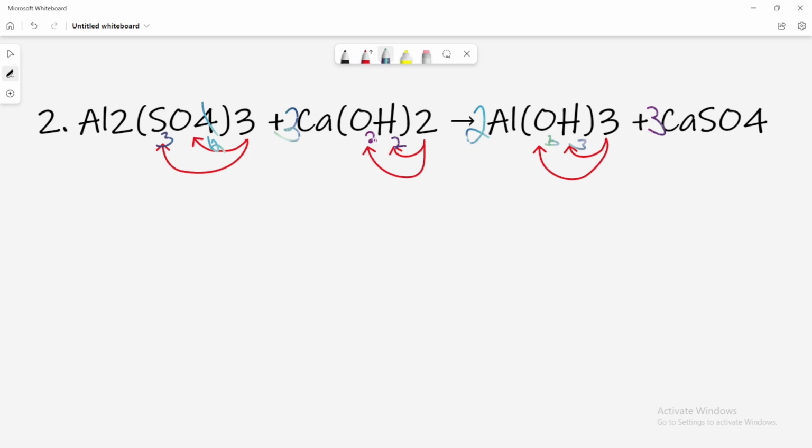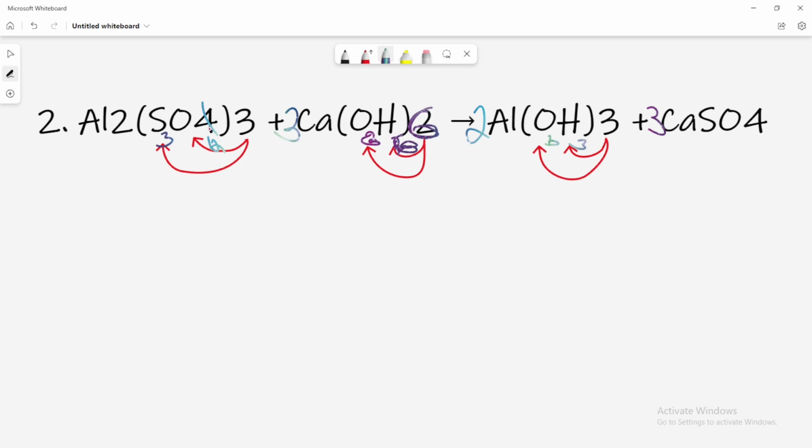Because this is not 2 anymore. Because you've added a 3 here, you have to combine it with the subscript outside the parentheses. 3 times 2 equates to 6. Now 6 times O, it equates to 6. This is a 6 now, because you just multiplied this and this. 6 times H is 6 again, so it's changed, as you can see.